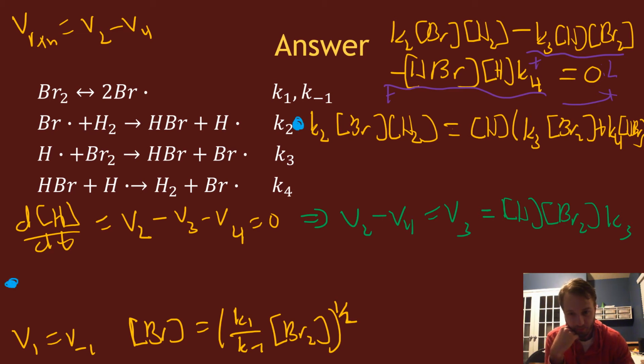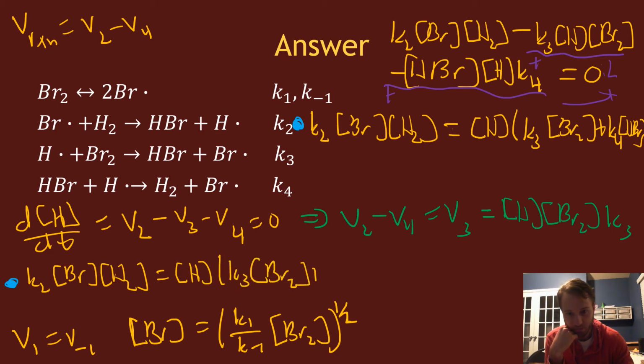So again, that's K2 Br H2 equals H times the quantity K3 Br2 plus K4 HBr.